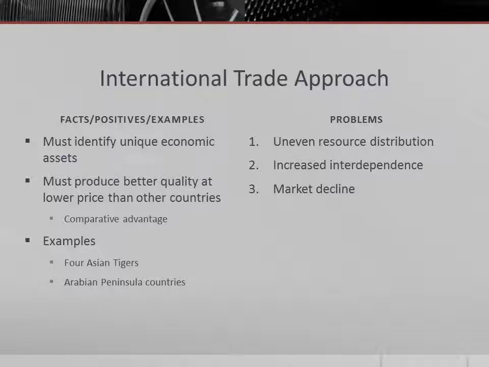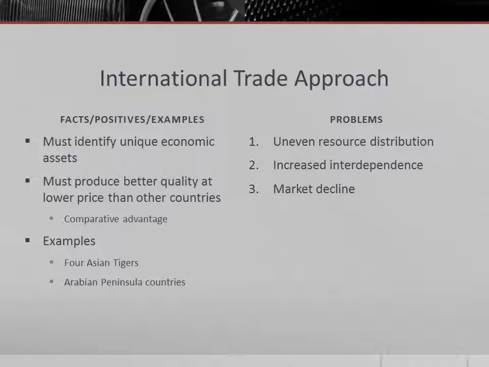Those are some of the problems, which is why most countries have begun to engage in the international trade approach. Under the international trade approach, countries will begin to identify their unique economic assets. That's really important because a country has to reflect on itself. Okay, what do we do really, really well? Whether that is their labor force, which could be very skilled, or on the other end of the spectrum, less skilled but very low wage. That could still be a unique economic asset.